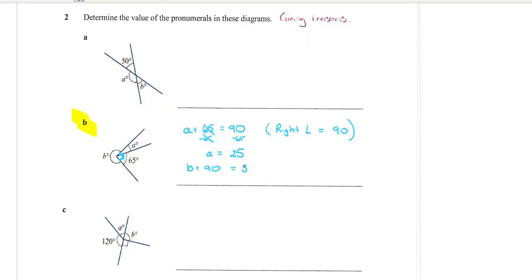B plus 90 is equal to 360 degrees because of angles at a point. Then we do the opposite, so minus 90 minus 90. B is equal to 270 degrees. Okay, so anytime I'm marking a question like that, I'm looking for both your answer with some working and your reason in the brackets.